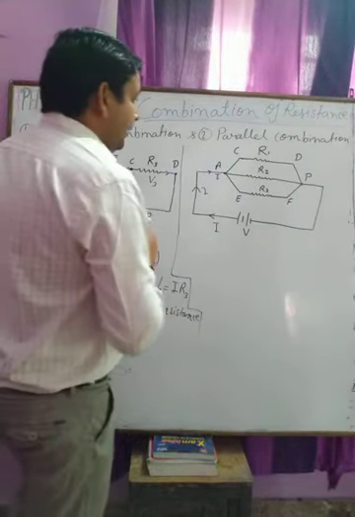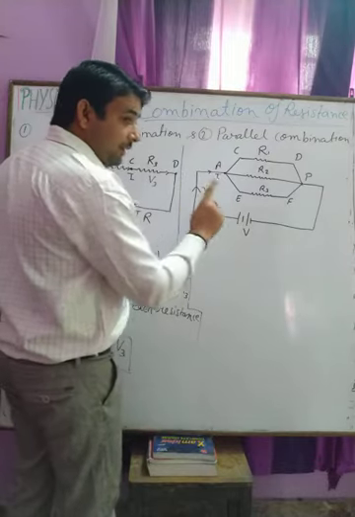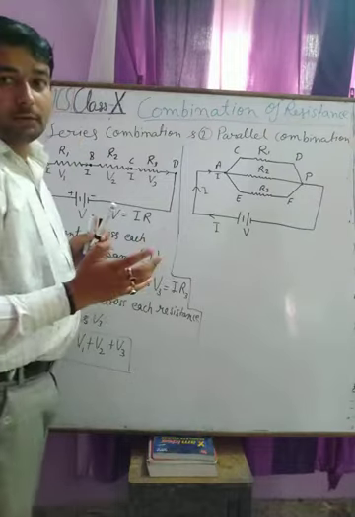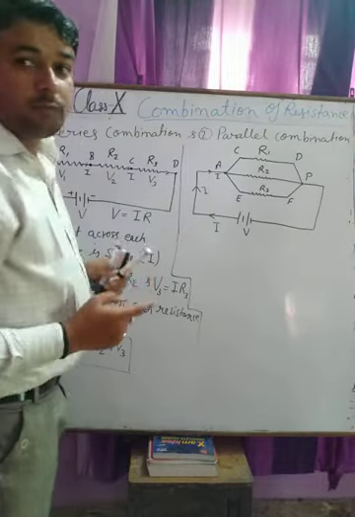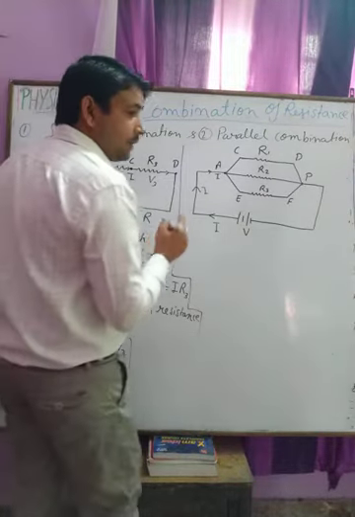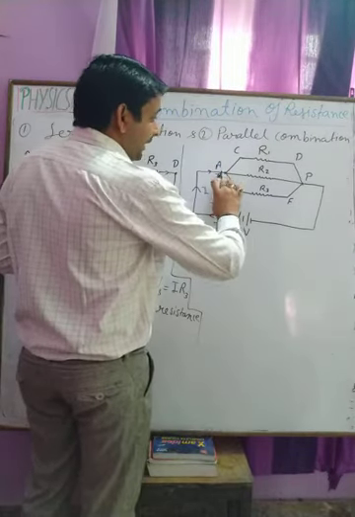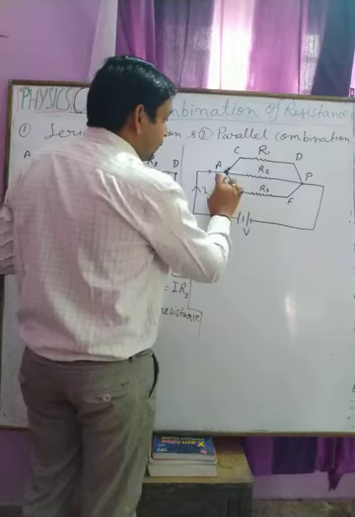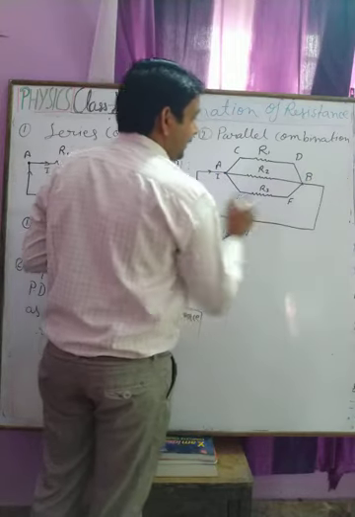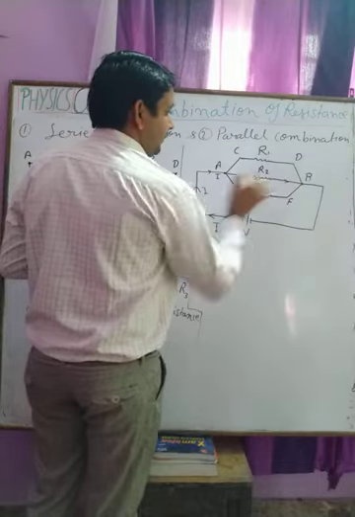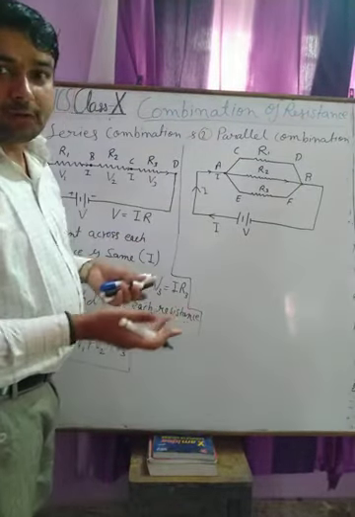But after that the current is able to move in three wires or across three paths. That is, if the current wants to go from A to B by using this path AB, it can go.